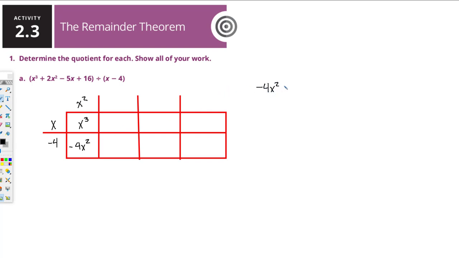So negative 4x squared plus something gives me 2x squared. And that's this diagonal here, trying to get this number here. So what would that something be? No, 6x squared.